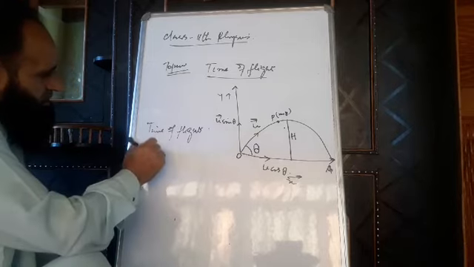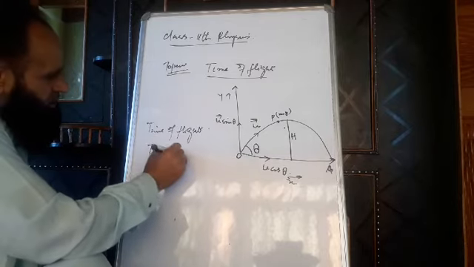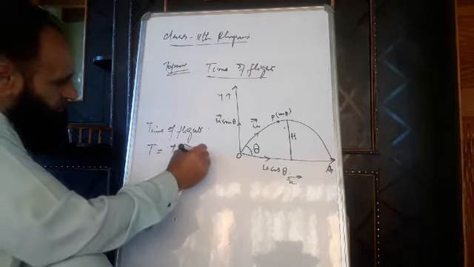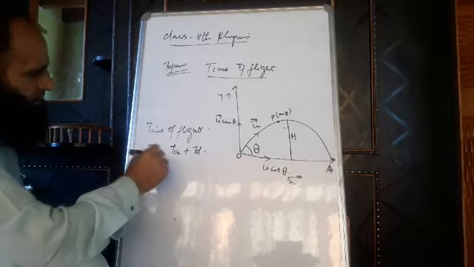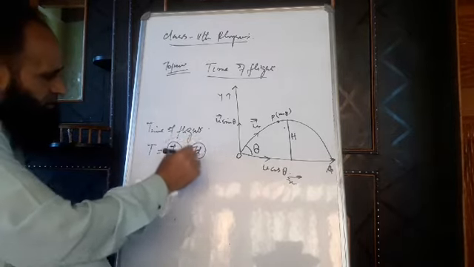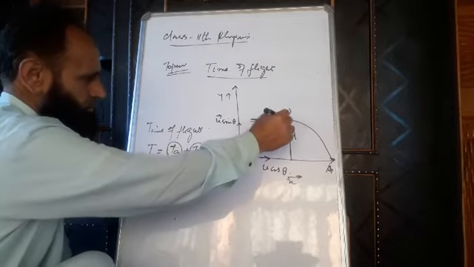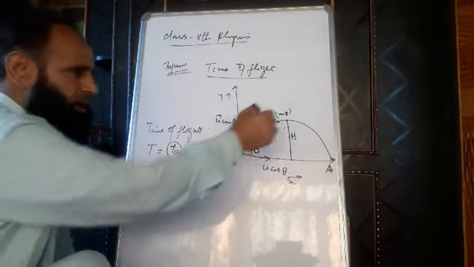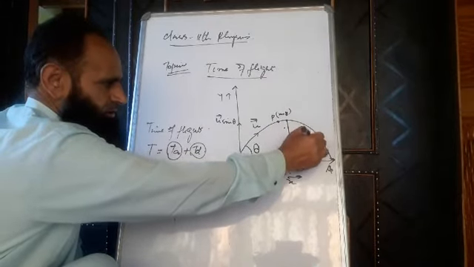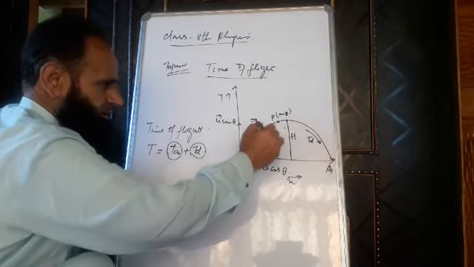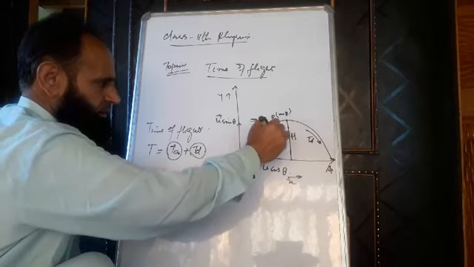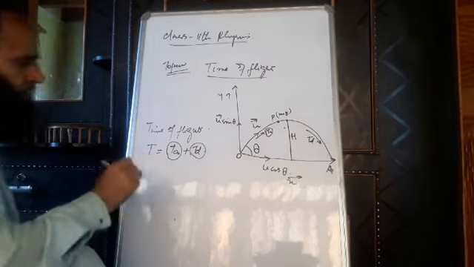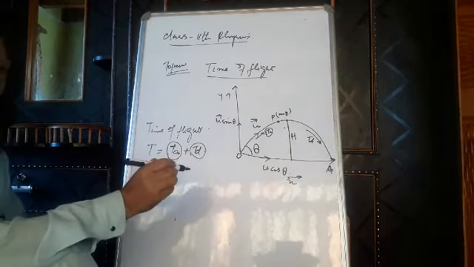This time of flight, T, may be shown by TA plus TD, that means time of ascending plus time of descending. From this point to this point it is ascending, and after that it is descending. So time of flight T is equal to TA plus TD.